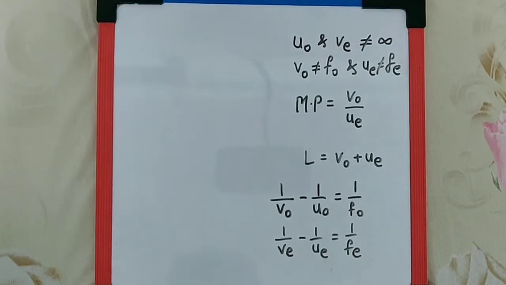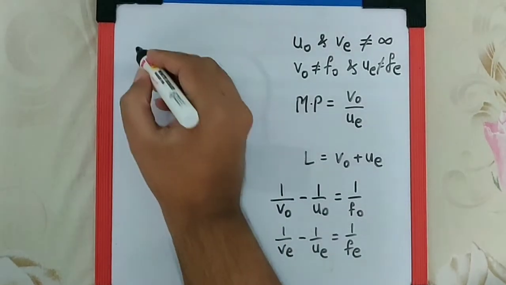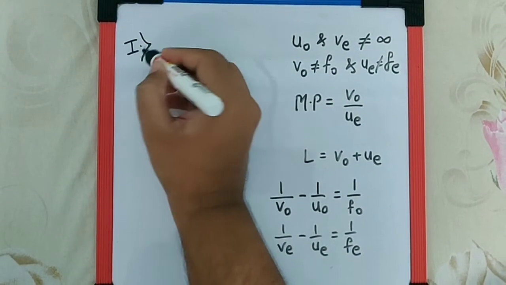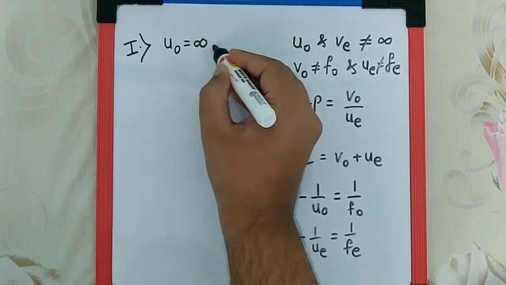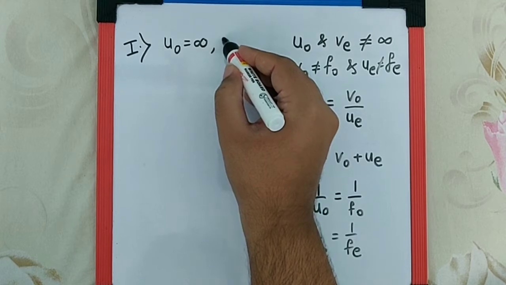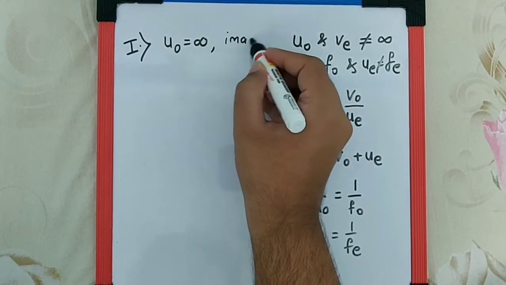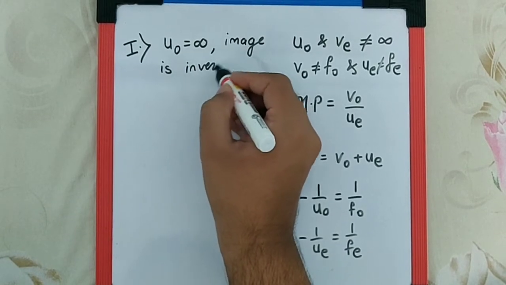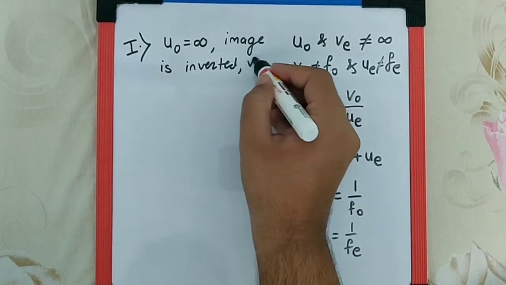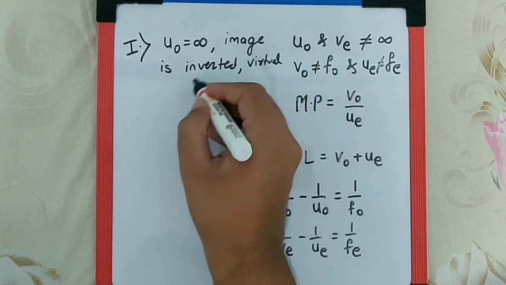So let's consider a case, say case 1, where the object is at infinity but the final image is inverted, virtual and magnified.